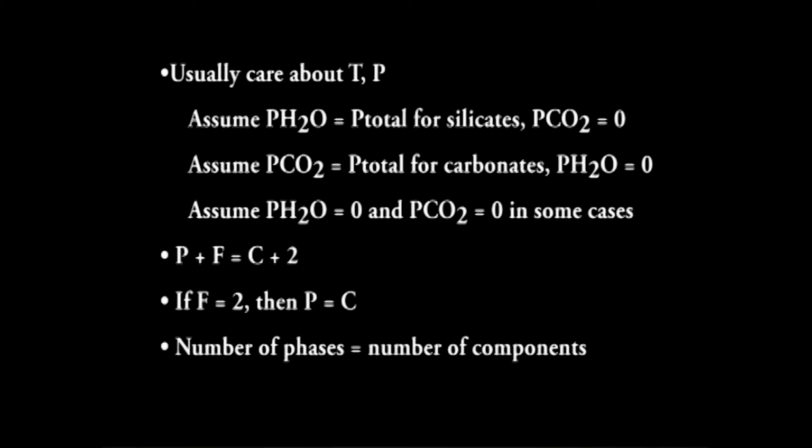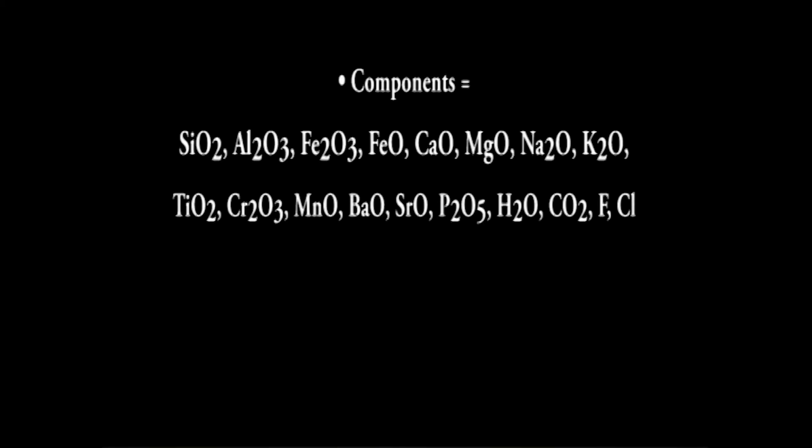If degrees of freedom equal 2, then P equals C: the number of phases equals the number of components. Components are SiO2, Al2O3, Fe2O3, FeO, CaO, MgO, Na2O, K2O, TiO2, Cr2O3, MnO, BaO, SrO, P2O5, H2O, CO2, fluorine, and chlorine.